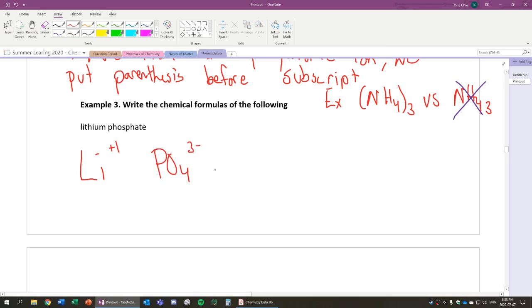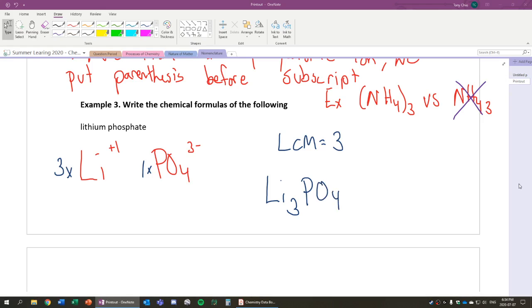So because of that, we have to balance the charge. We need to find the LCM, which ends up being 3. So I need 3 lithiums, but only 1 phosphate. And because I have just 1 phosphate, I don't need parentheses around it because we don't need to write the 1. So it becomes Li3PO4.